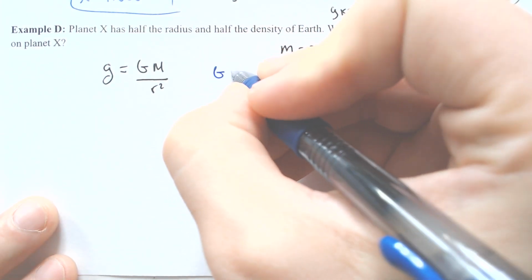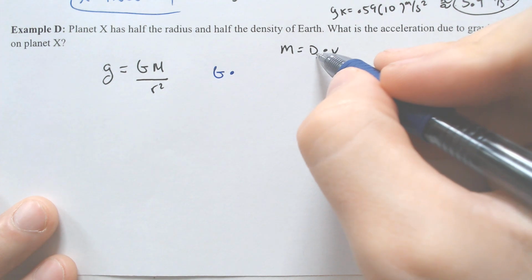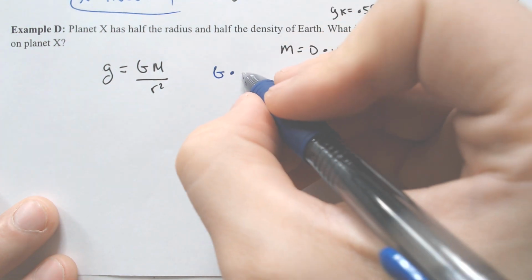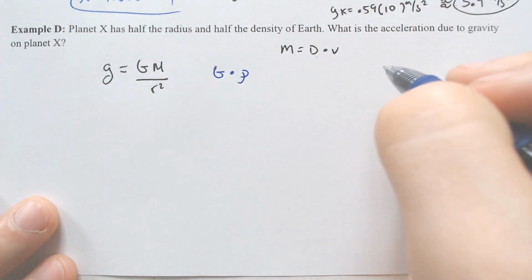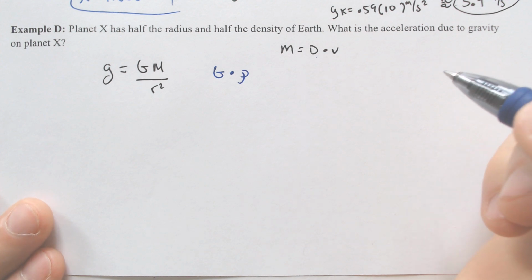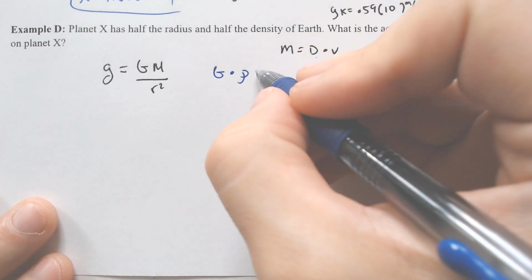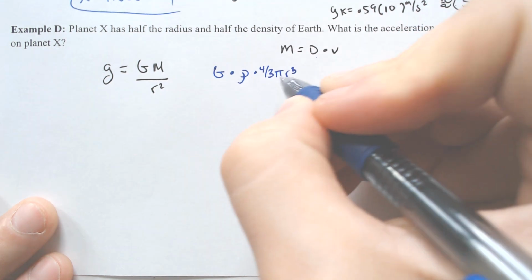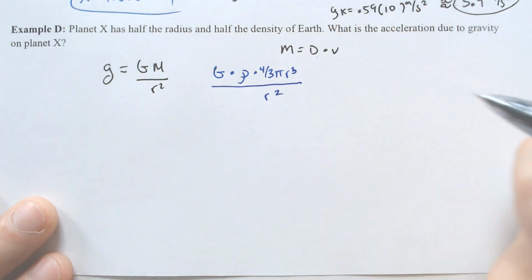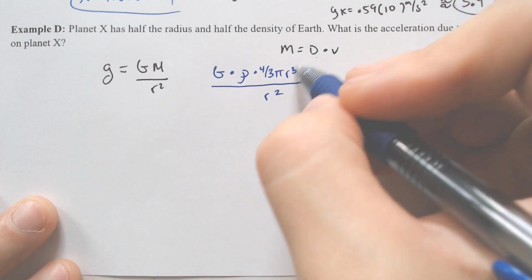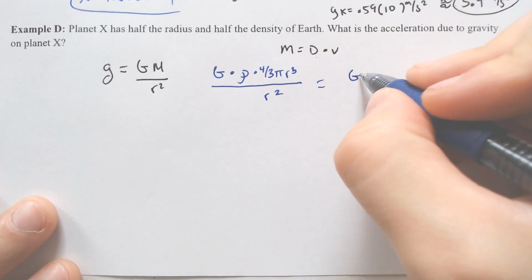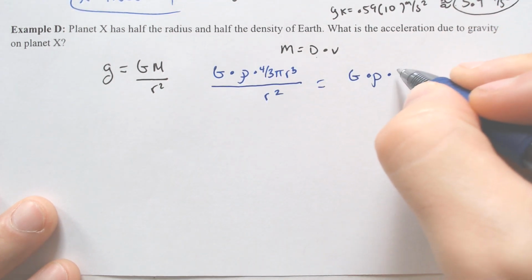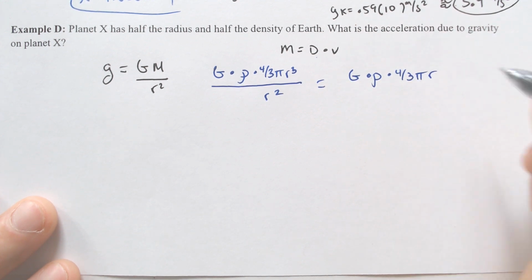So you'd have G times density, which would be the Greek letter rho, times the volume. Well, most planets are considered a sphere, so the volume of a sphere would be 4/3 pi r cubed divided by r squared. And the r squared and r cubed would cancel, and you would have G times rho times 4/3 pi r.